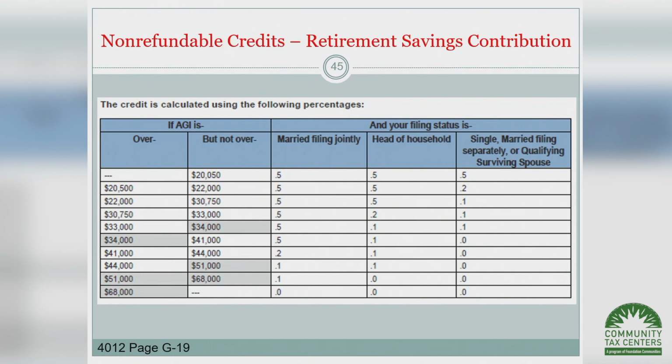So based on the percentages, this is how you can get entitled to that benefit or to that credit. So it's a phase out. Yeah, and it phases out, as you can see, the higher income you have, because it's really pictured more for low-income individuals to put more into their savings. Does that make sense? Yes.